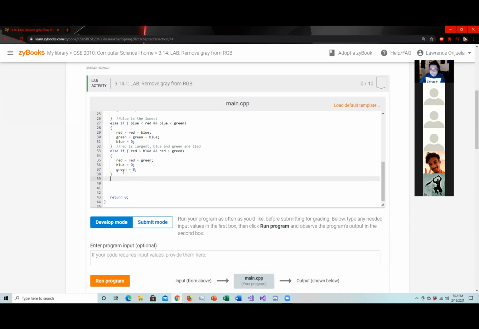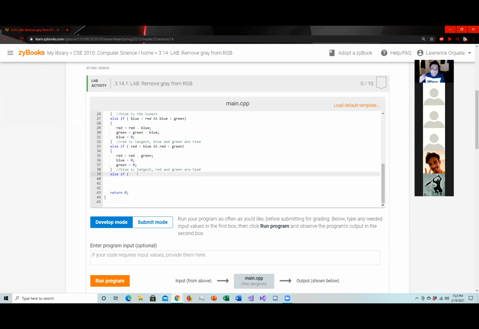I like this. So else if, I'm gonna put another comment here. Blue is largest and red and green are tied. So in this scenario, I would say blue is larger than red and blue is larger than green.